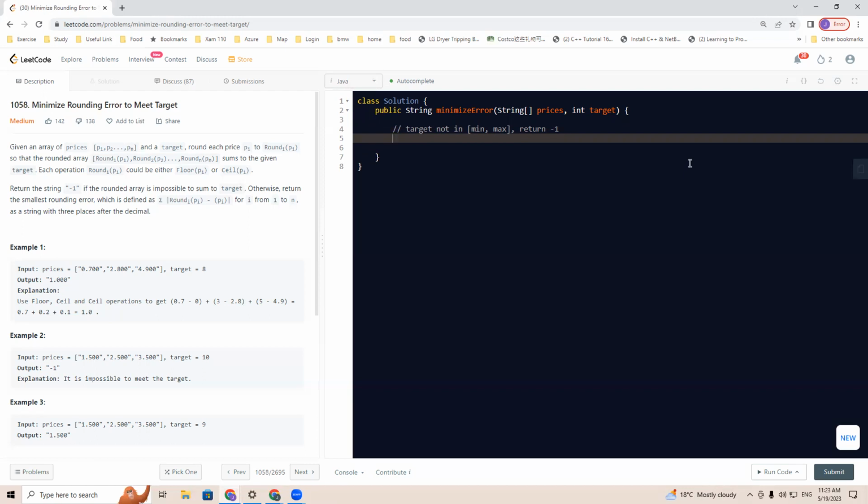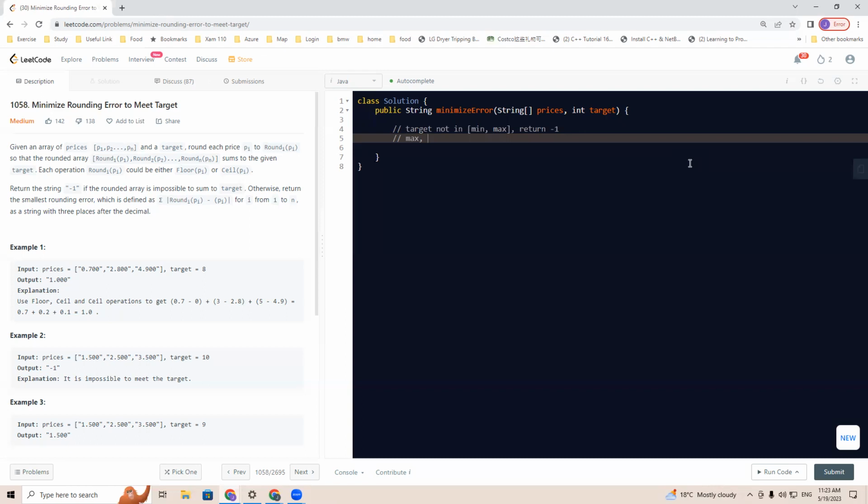The second thing is that if for all of the prices we round up, using the ceil function, we'll get the max number. If the target is in the min to max range, for example, we get a max. So how many numbers are we going to floor?